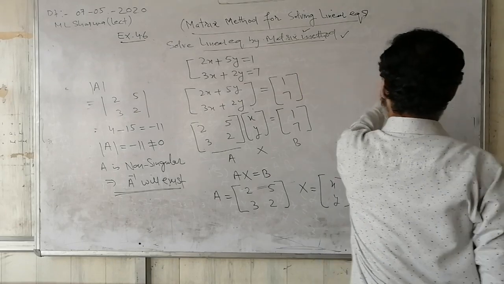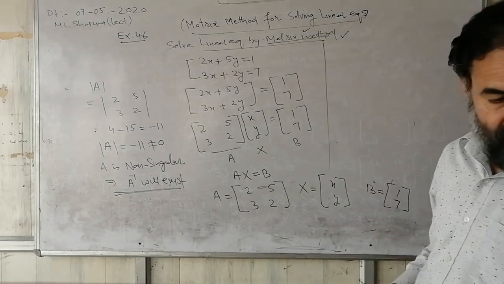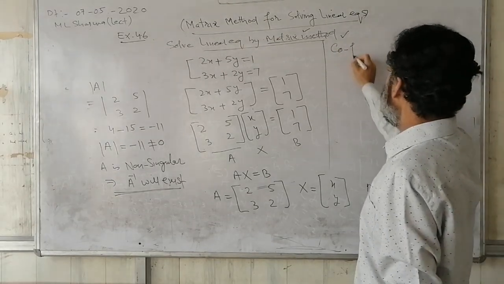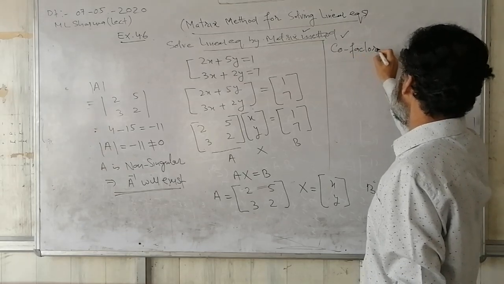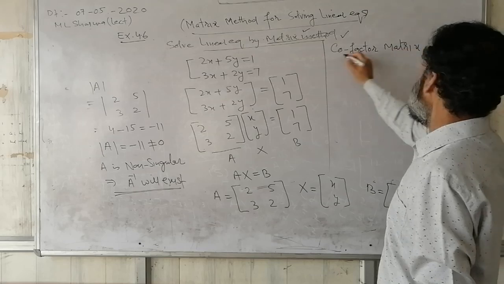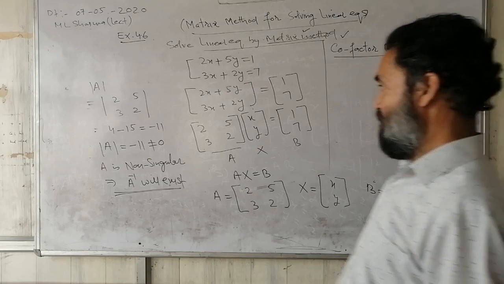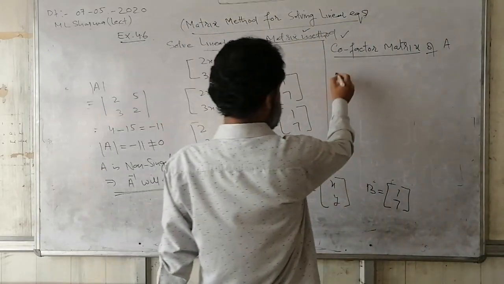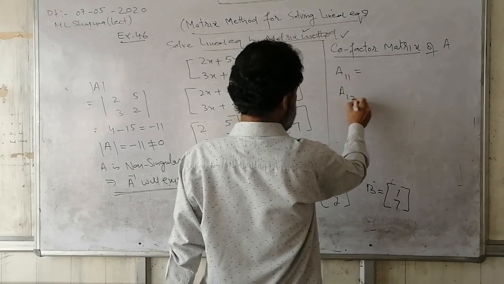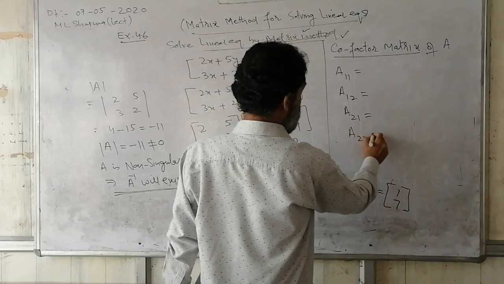For the next step, I will have to find the cofactor matrix of matrix A. The cofactor matrix can be A11, A12, A21, A22.